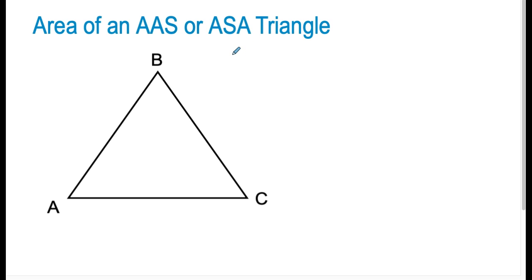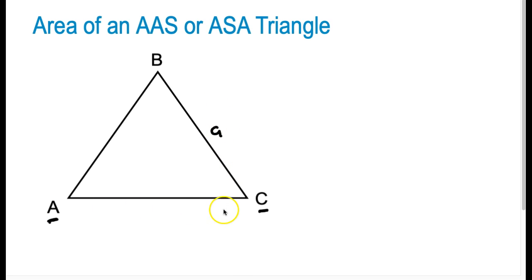Let's just assume that the information we're given is angles A and C, and side A. So we're given these two angles and this side.